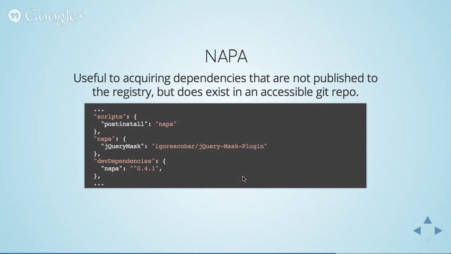Because NPM does not know what Napa means, right? So if you're going to release a public library of some sort and you have a Napa dependency, make sure your publish brings that in and publishes it.